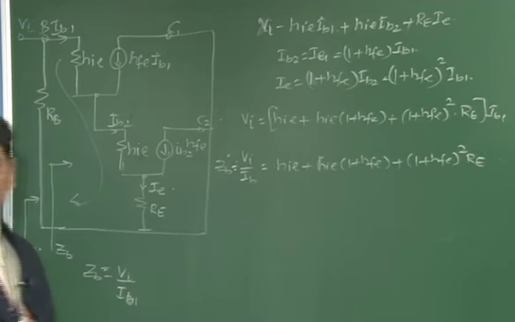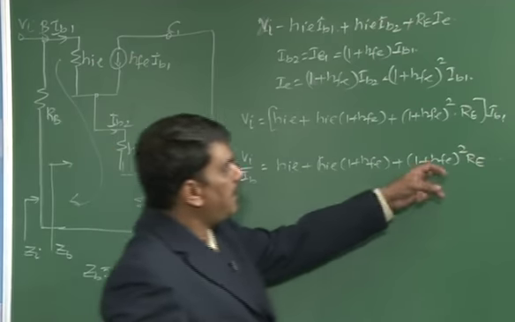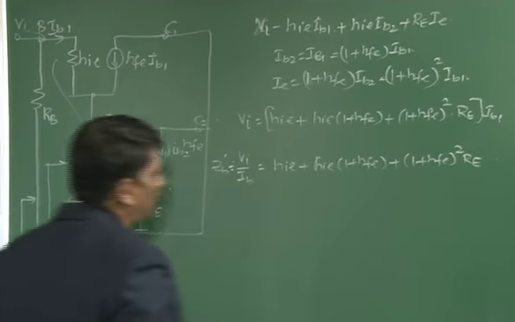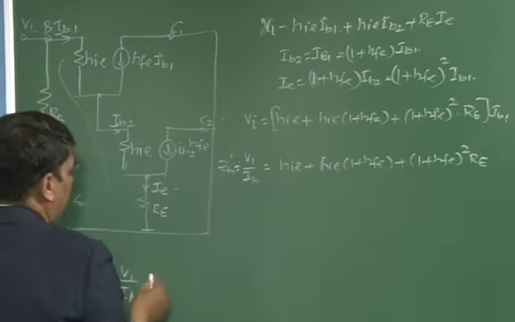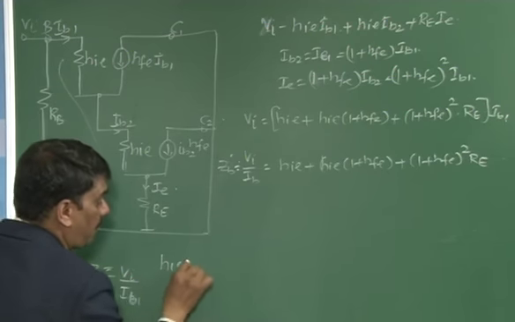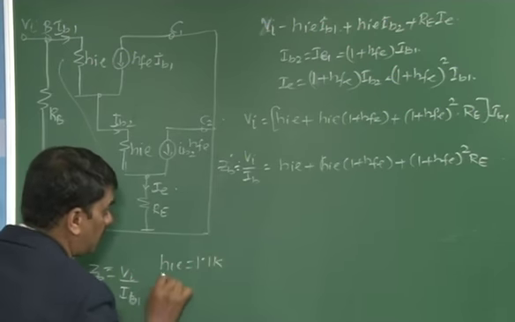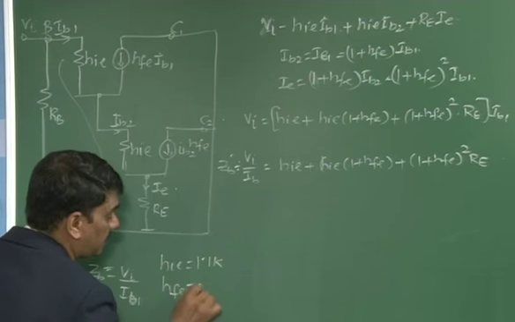The problem statement is to calculate the input impedance. We have to substitute the values of hie, hfe and RE. We assume that hie is 1.1 kilo ohm and hfe is 50.